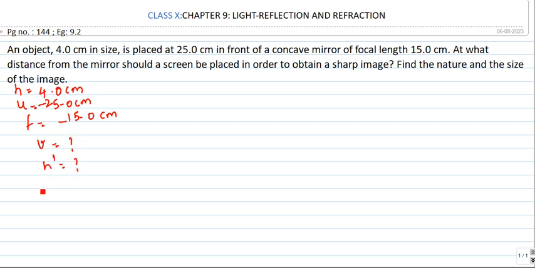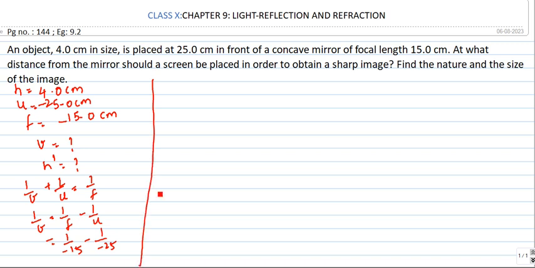So we will use the mirror formula, 1 by v plus 1 by u is equal to 1 by f. So we have to find out v. 1 by v is equal to 1 by f minus 1 by u, which is equal to 1 by minus 15 minus 1 by minus 25.